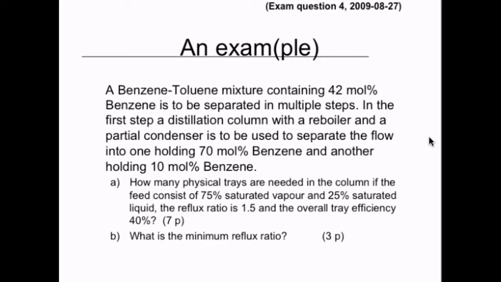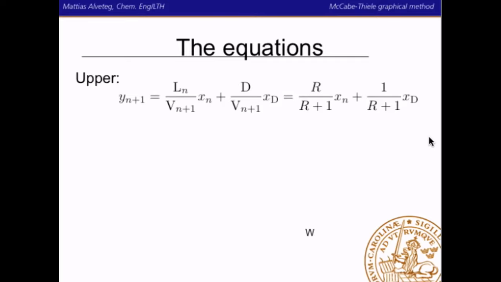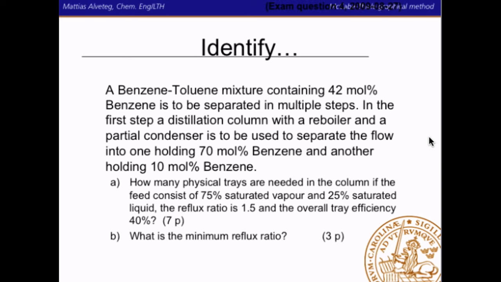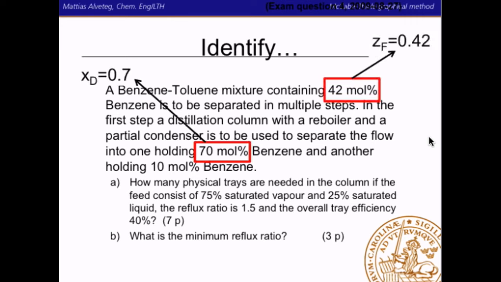Okay, the equations we have are the equations for the upper operating line, where we can use the reflux ratio. We have the Q line, we have the lower operating line. And we identify from the text 42 mol%, that's the composition of the feed. 70 mol%, that's the composition of the distillate, because benzene is more volatile than toluene.